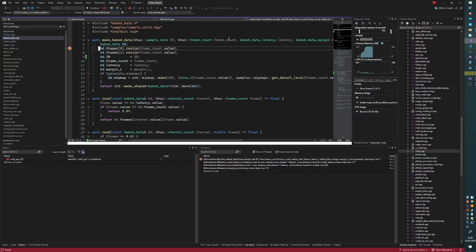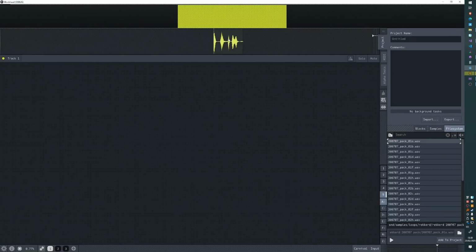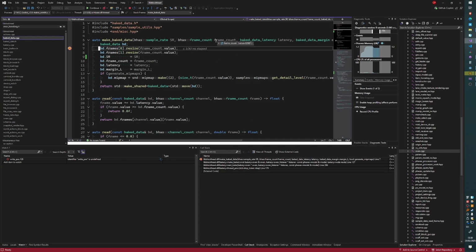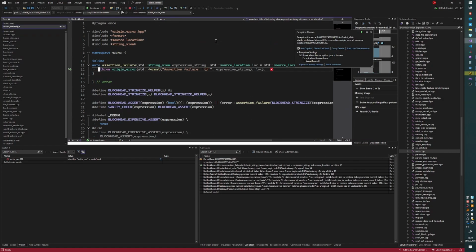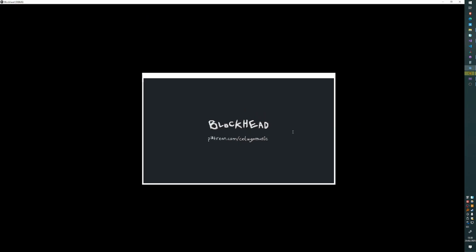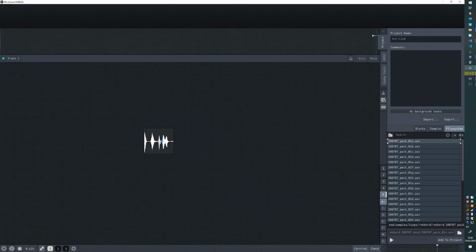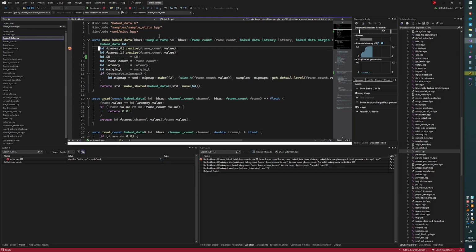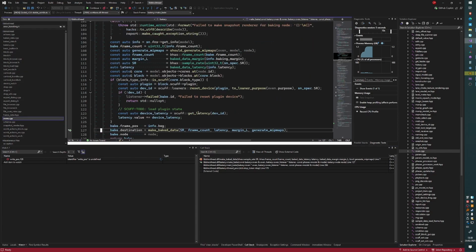So 83199. No crash. Click. 82687. Crash. So it's baking, the first time it bakes, 83199. It's coming from here, 83199.